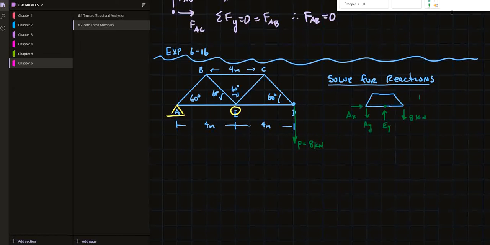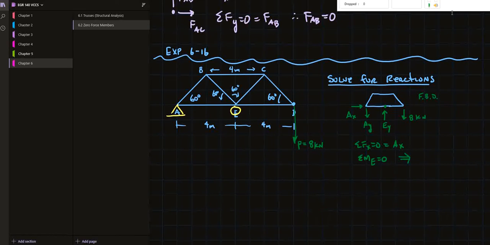Here's a quick little free body diagram of the structure. Sum of forces in x equals 0 equals Ax, therefore Ax equals 0. We could sum moments about E equals 0.